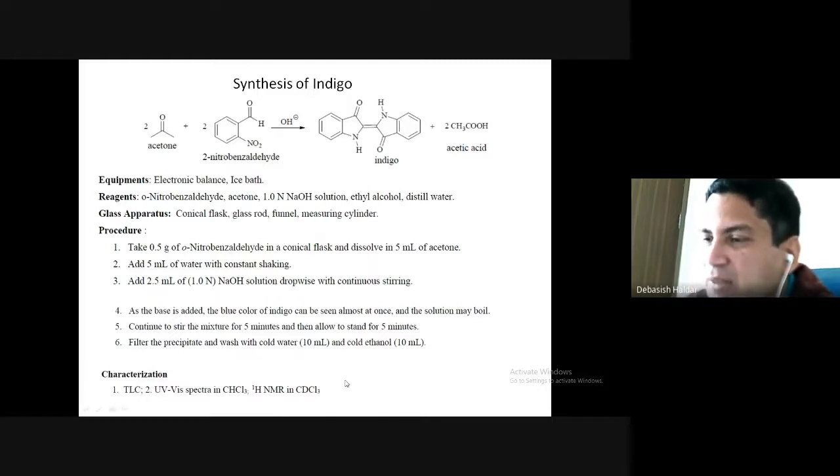I will share the proton NMR and UV-visible spectroscopy in WeLearn. You can write the peak positions for 1H NMR and UV-visible spectroscopy, and the peaks responsible, and also analyze the 1H NMR data. You can take help from the TAs if you have any doubt. Okay, so that's it.